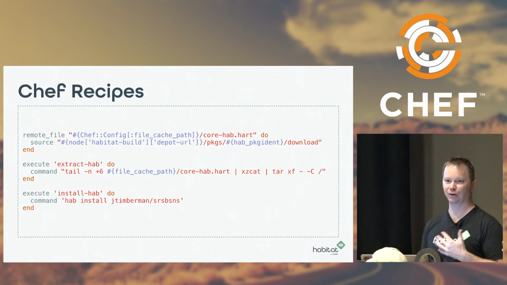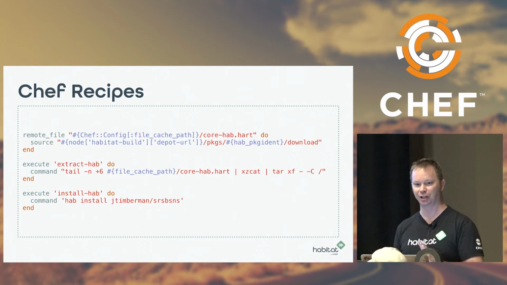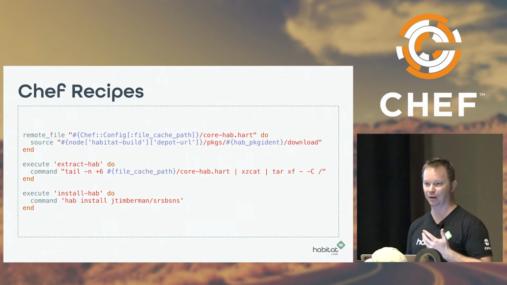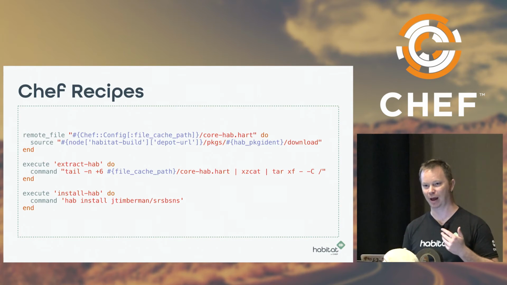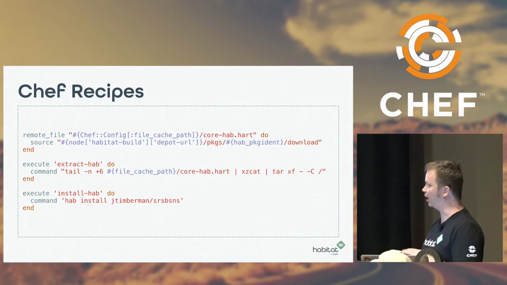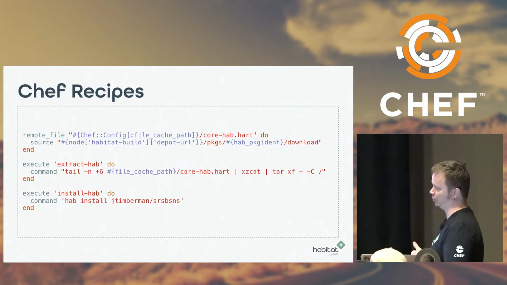Now this of course isn't convergent. It's idempotent because it will run that every time and it won't change anything because it's going to get the same version each time unless you change those attributes. But it shouldn't run that every time, so you'd want to have a guard in there. But for this, it's fine. This is just a basic Chef recipe to get Habitat installed and then install the package with hab install.